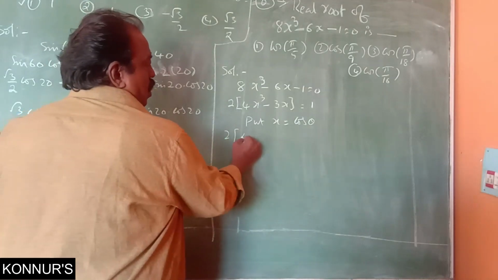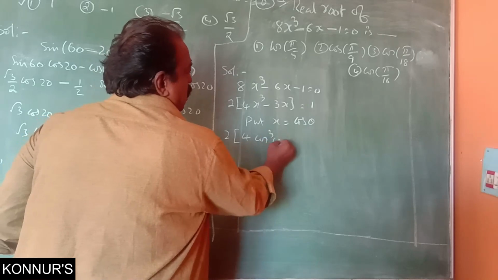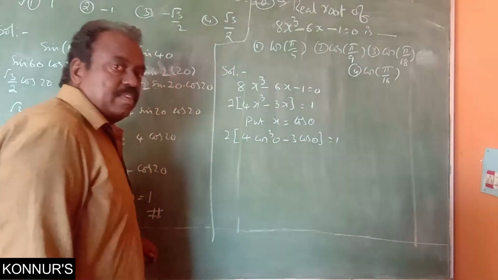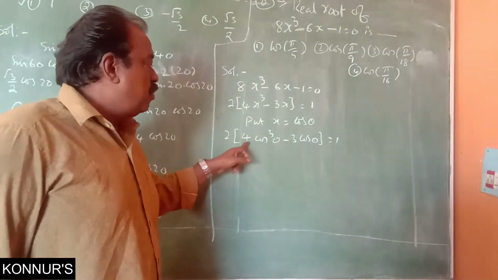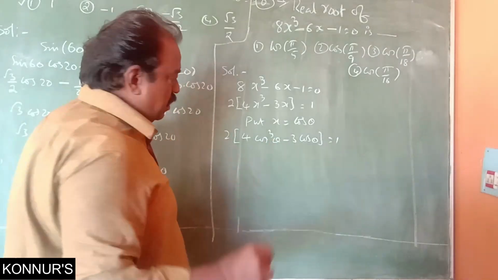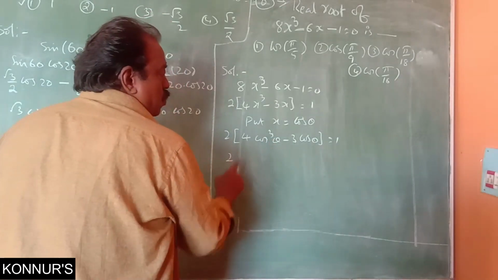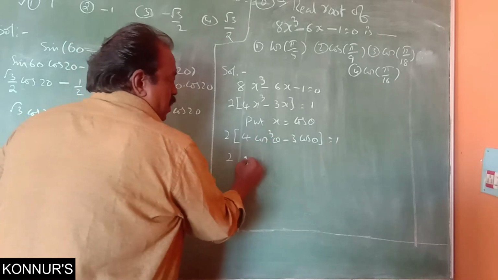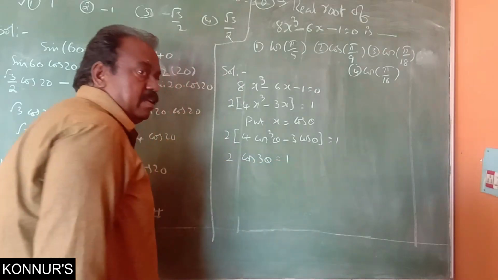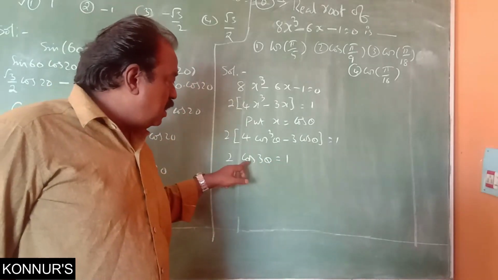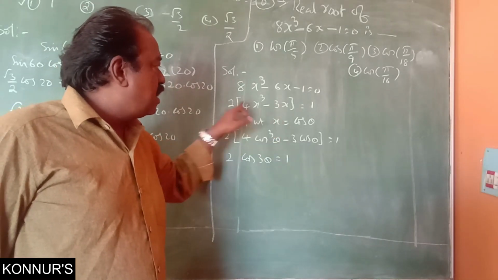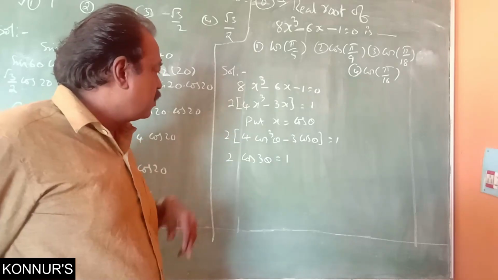So it is 2 of 4 cos cube theta minus 3 cos theta is equal to 1. 4 cos cube theta minus 3 cos theta has a formula in trigonometry. It is cos 3 theta. So 2 cos 3 theta is equal to 1. In order to get this cos 3 theta, I have to take x as common here. So that is the reason.